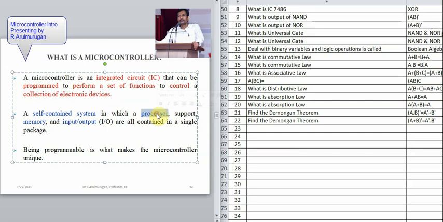It has the processor, support, memory, input and output, all contained in a single package.